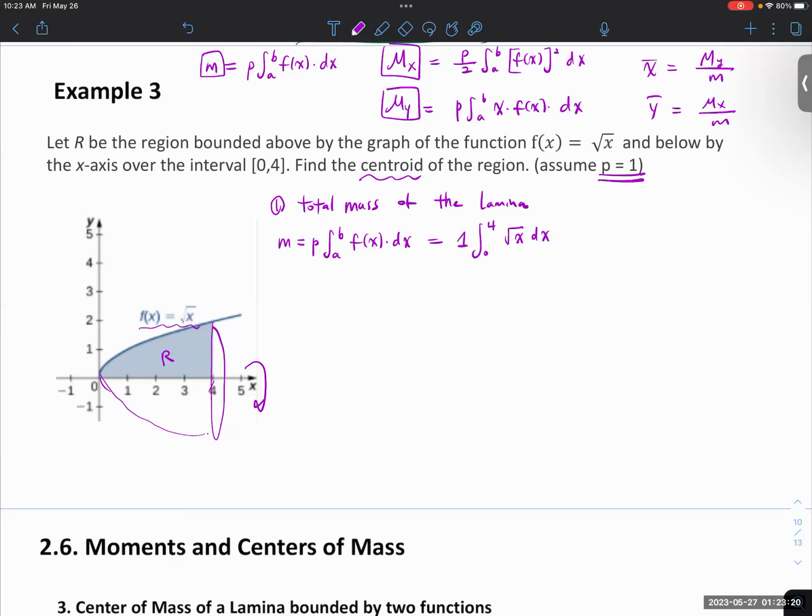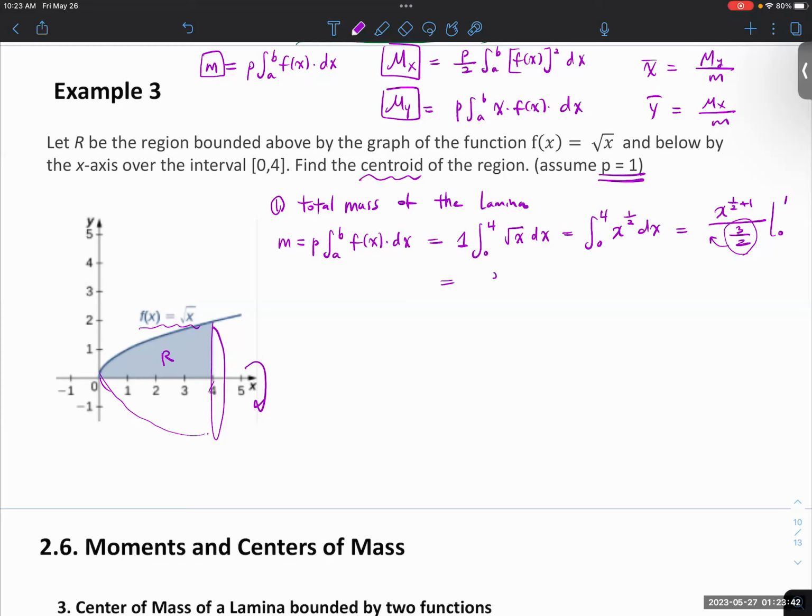Am I correct? So that means the 1 is the same thing. So from 0 to 4, radical x is x to the half exponent dx. Now you're going to take the integral: x to the 1 over 2 plus 1 divided by 3 over 2. I'm going to flip this one.